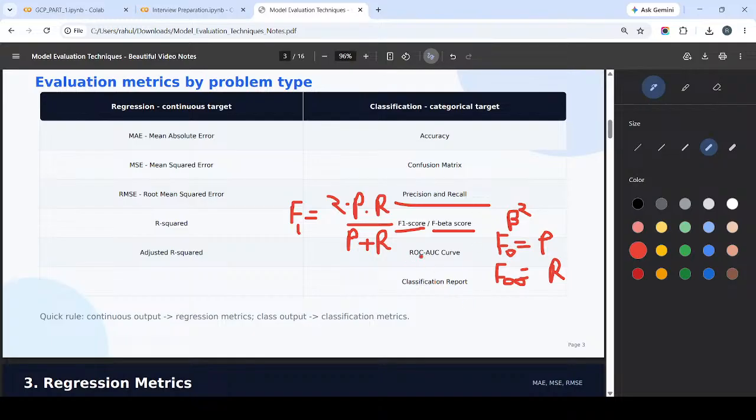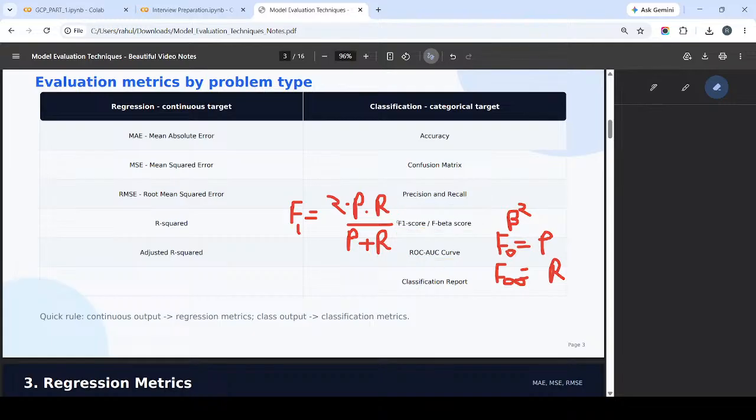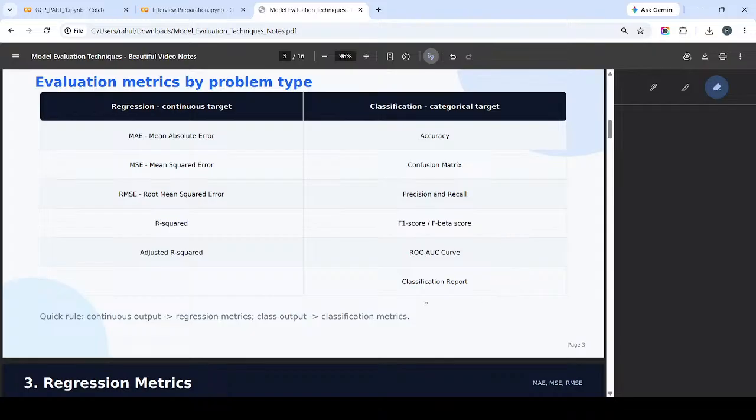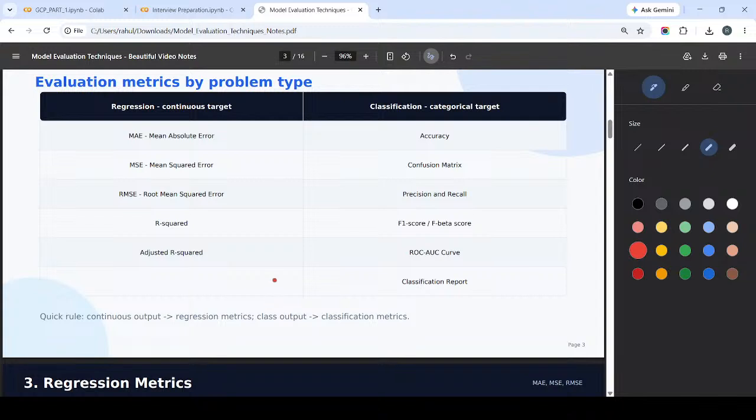Now comes the ROC AUC curve. Before jumping to the ROC AUC curve, two more things are there: one is specificity and another is false positive rate.